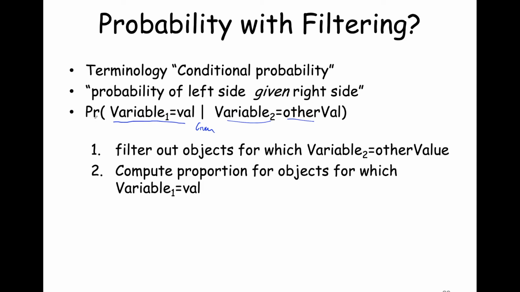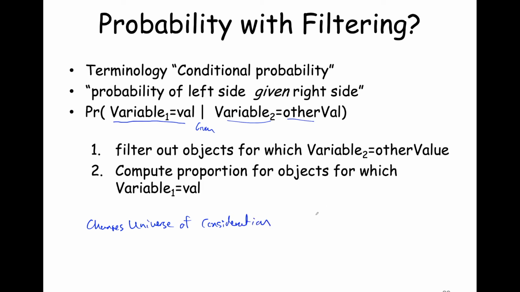Behaviorally or semantically, you can think of conditional probability as a kind of probability with filtering. You're going to filter out objects for which variable 2 is not equal to the other value. And when I say filter out, I mean you're only going to consider the rest. So what does this filtering do? It changes your universe of consideration.